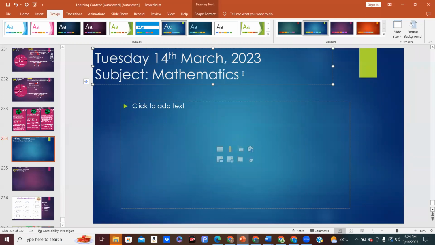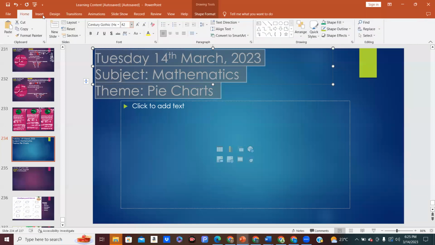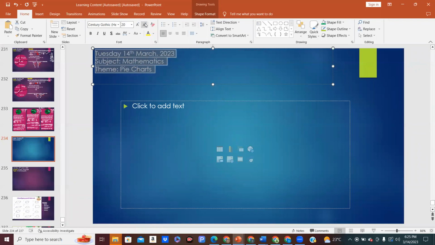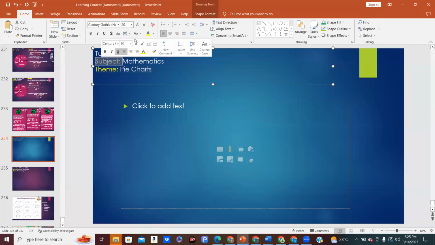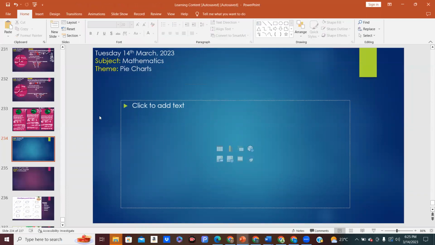Okay, so the theme is pie charts. For this one, we're going to have the same example, just a different question, because it's honestly just an extension of what we did last night.